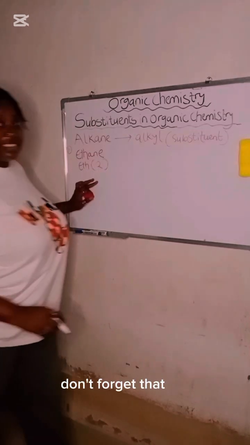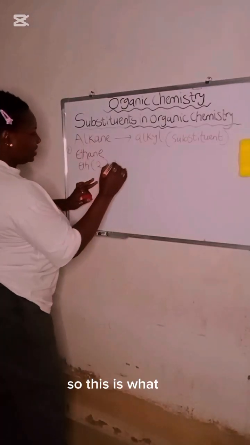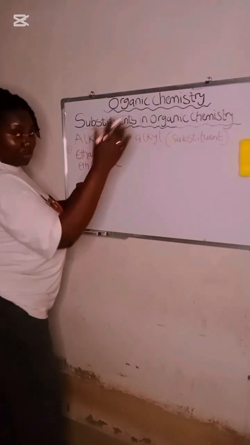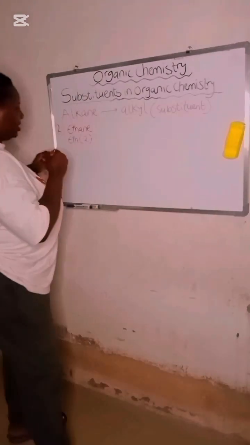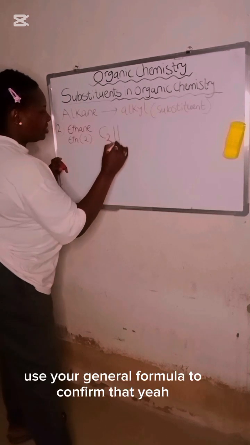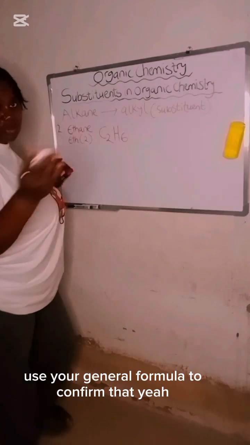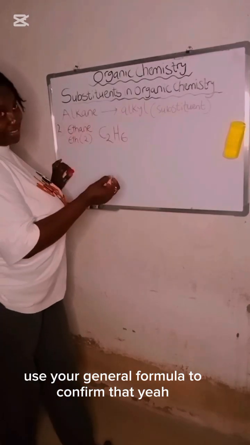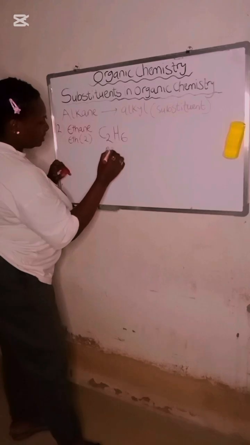Don't forget that. If you use the general formula, remember ethane is C2H6. Use your general formula to confirm that. So this is ethane.